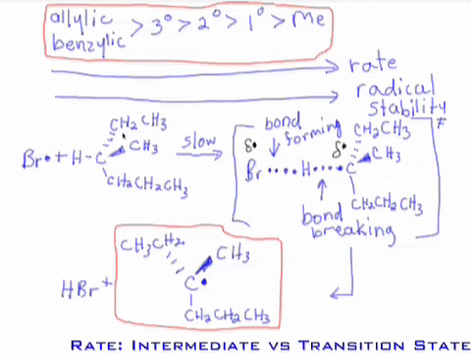But rate is controlled not by intermediates that exist in the valleys in the potential energy diagram, but rate is controlled by the transition state. We've looked at this. We've talked about this. So why can I use radical stability to explain rate? Well, the truth is you can't. You only can use radical stability, and we said this in carbocation chemistry, if the transition state has radical character.